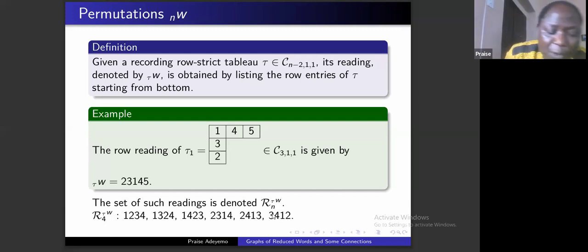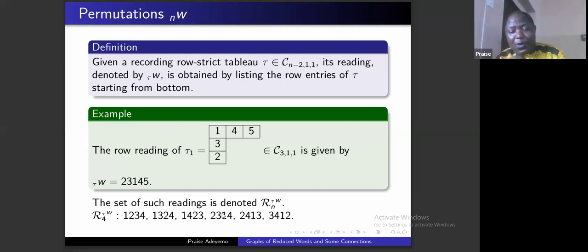We can also see that each is a permutation in S4. If you have a permutation like this, with a unique descent, it is called a Grassmannian permutation. So each one of them is a Grassmannian permutation. We are going to get to that later on.